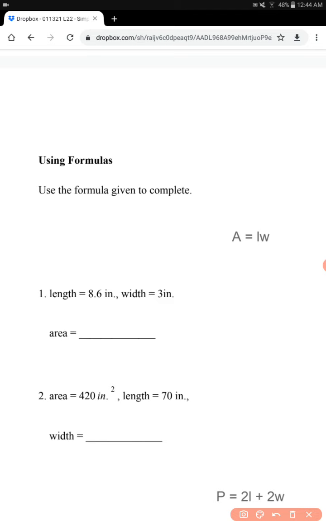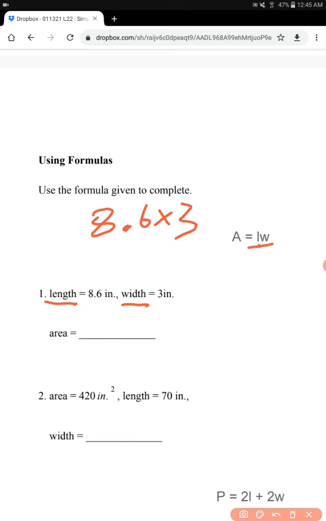Using formulas, pretty easy. So using formulas, as you probably know, is just all about plugging in variables. So length goes to L, width goes to W. We just plug those numbers in. So the formula for the area is length times width. Length is 8.6 times width, which is 3.